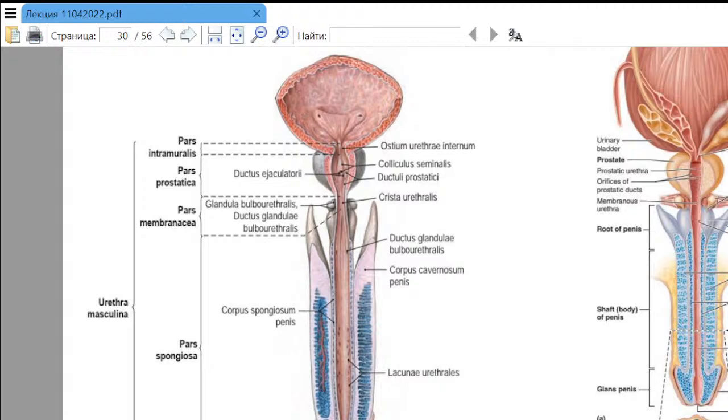This is the bulb, glandula bulbourethralis. This is the root of the penis. This is the bulb of the penis, crus of the penis, shaft with body of the penis, glans penis.